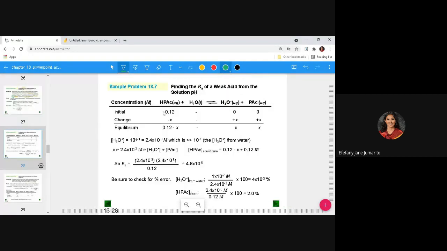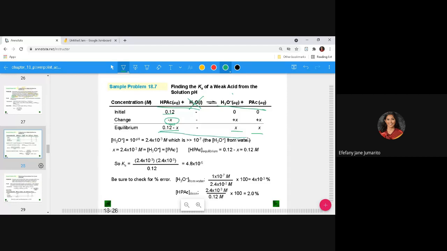You input the initial values, then the change for the reactant is always negative, so we have 0.12 minus x, and then we have x and x. Ka is product over reactant, excluding H2O.